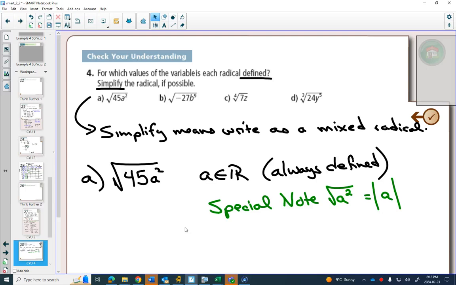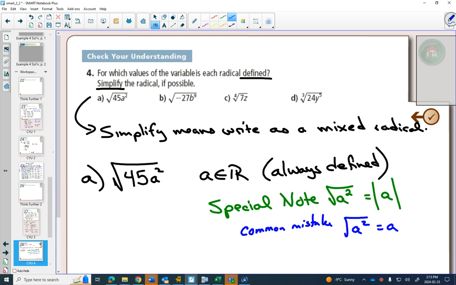a squared, it's equal to the absolute value of a. Okay? Number one common mistake is just writing the square root of a squared as a. It's true some of the time, but not all of the time.